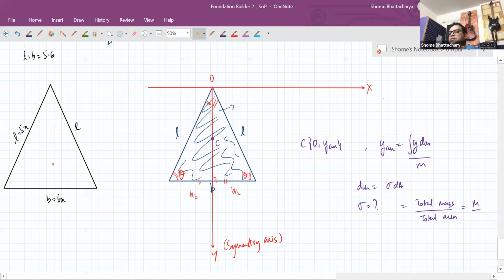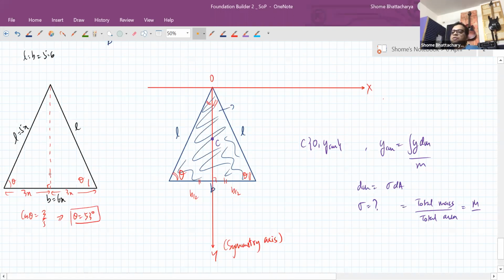So when I drop this perpendicular, I can see that this part will be 3x. So I can see that this angle theta, which is equal to this angle theta, is such that cos theta is 3/5. So in this case, theta is 53 degrees. So that's going to help me.